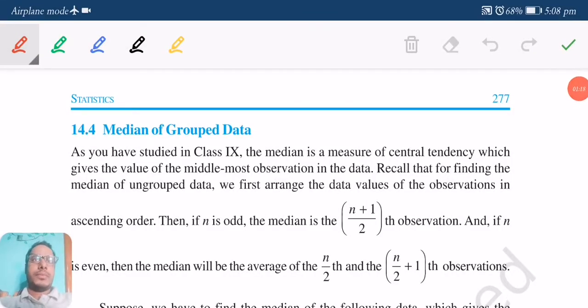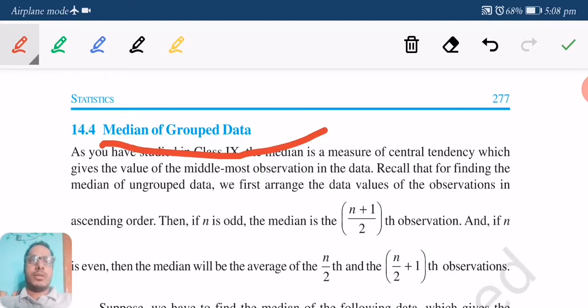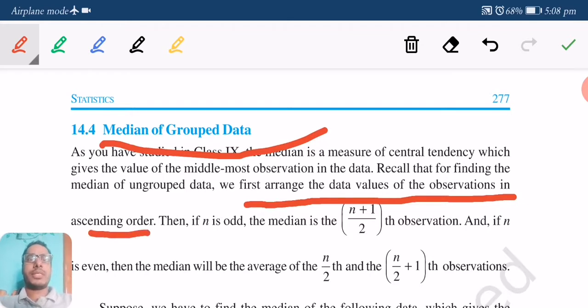You are finding the median of ungrouped data by looking at the number of observations. So before we got the values, what is the total observations, we had first arranged the data values of the observations in either ascending or descending order. That means we have sorted it out.